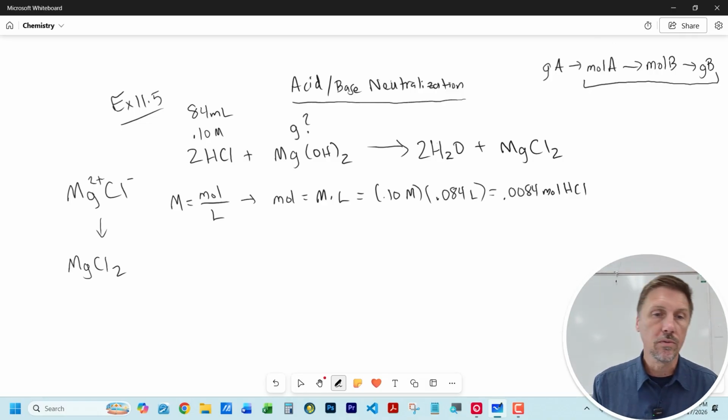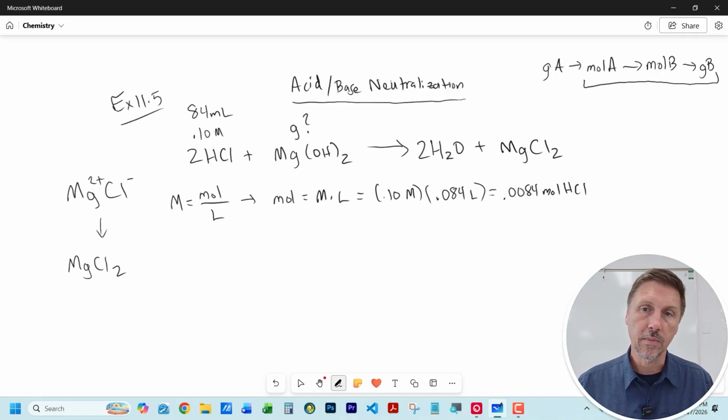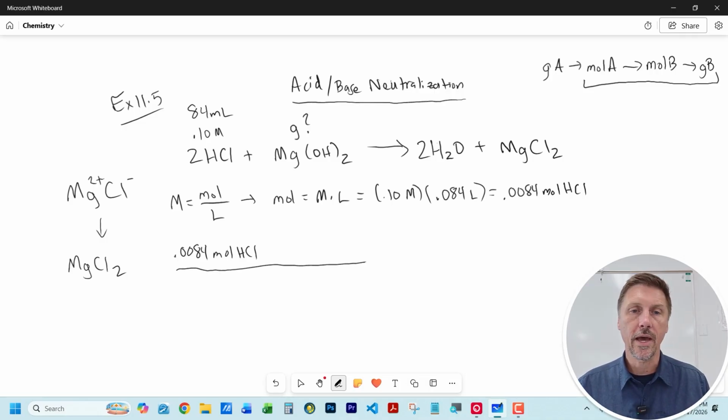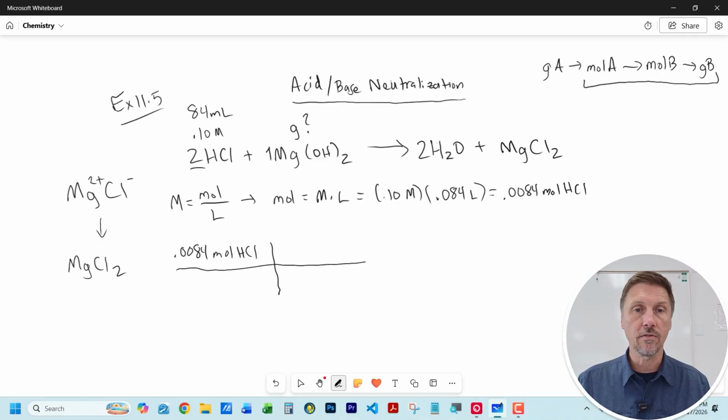We should be able to just convert from moles of A to grams of B. And so let's make sure we remember how to do that. We'll start off with moles of substance A, which is our hydrochloric acid. And we're going to multiply that times the relationship in moles between the hydrochloric acid and the magnesium hydroxide. According to the balanced chemical equation, there are 2 moles of HCl for every 1 mole of MgOH2.